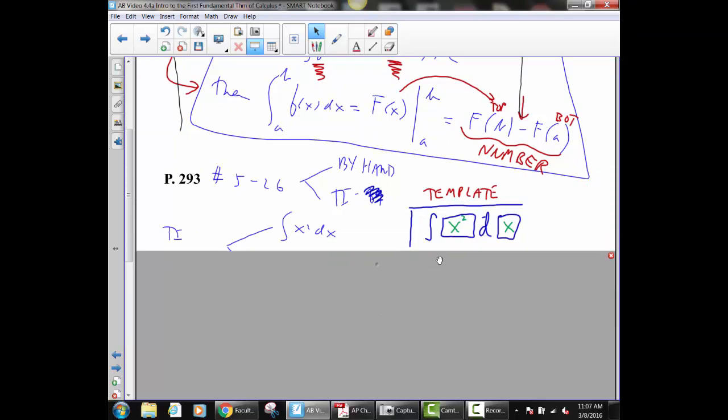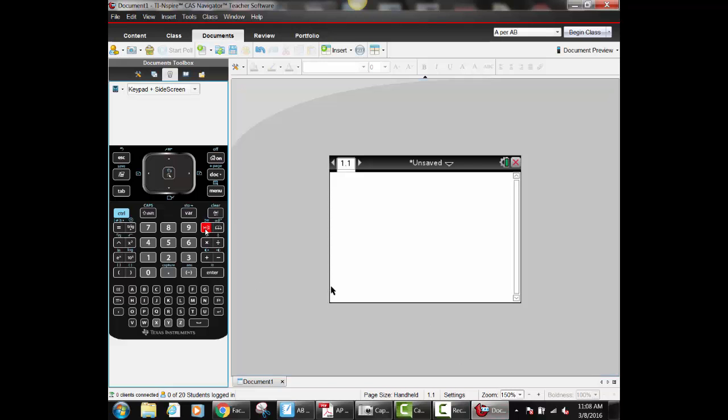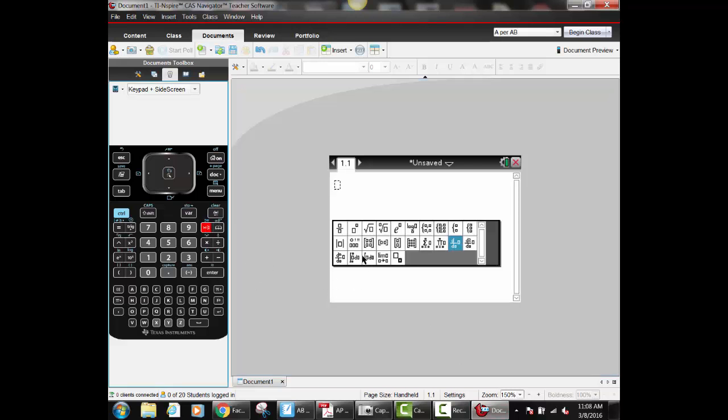Just to let you know, you can actually do integrals on your calculator. Let me pause for a second to pull up the calculator. Okay, in our nice little template, we have both the indefinite integral and the definite integral. The definite integral is what we're just talking about now, where there's going to be a number at the top and bottom.